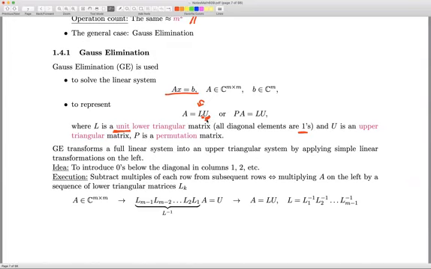And then you do backward substitution to actually find the solution of your system.